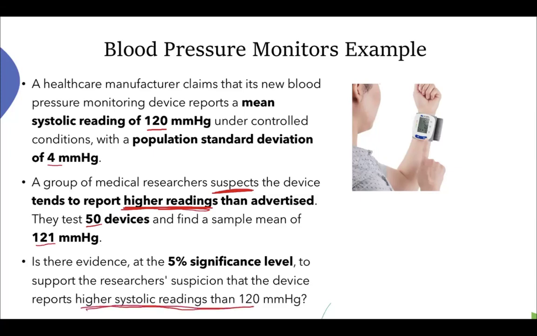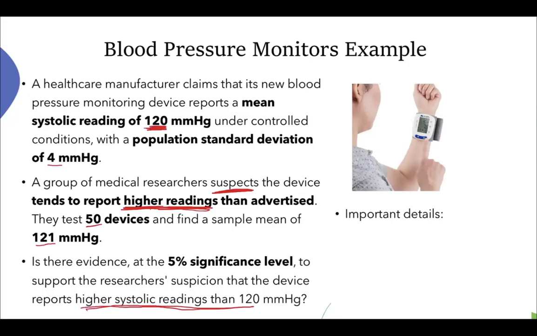So this gives us an indication that we will be working with a sample that is on the right side of center, because we're looking at higher than what is considered to be average, the 120.